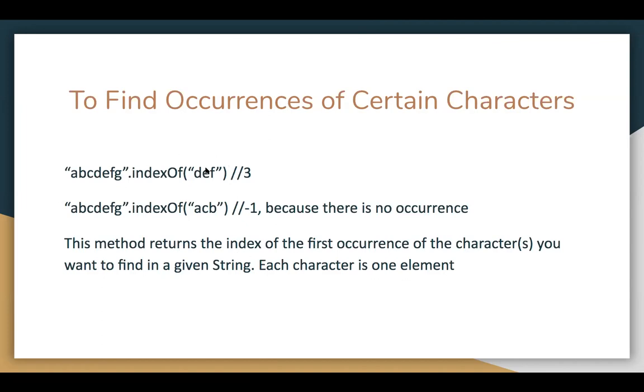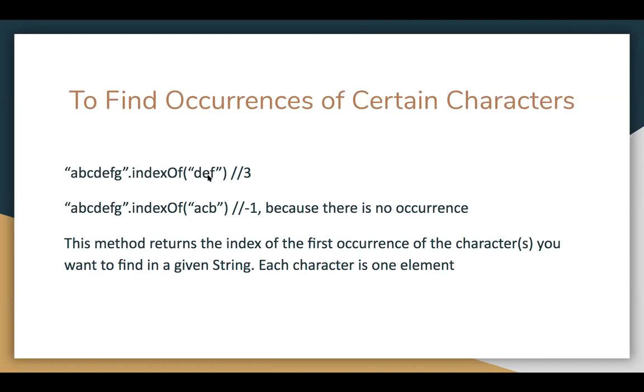So in this example, it's looking for DEF in this string. It finds that it does occur, since you have DEF right here. It goes to whatever index it's at and finds the first occurrence.